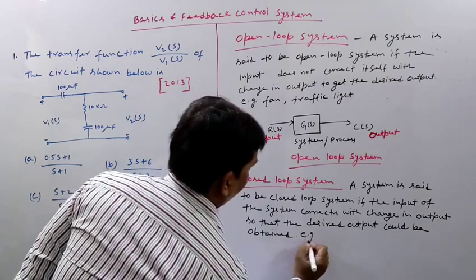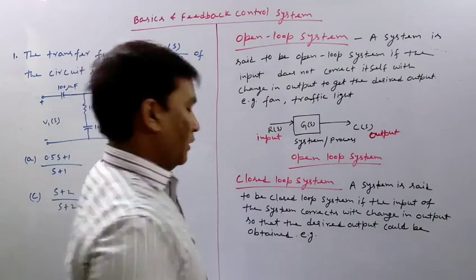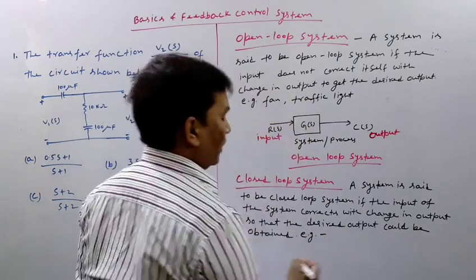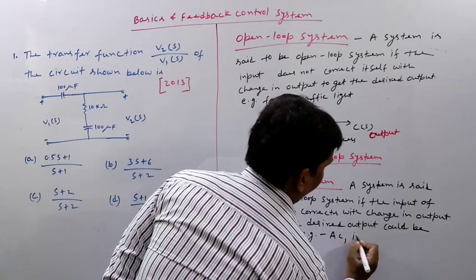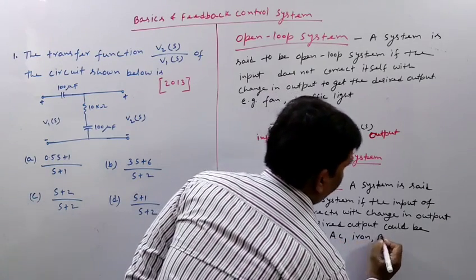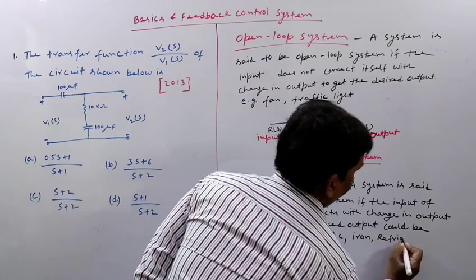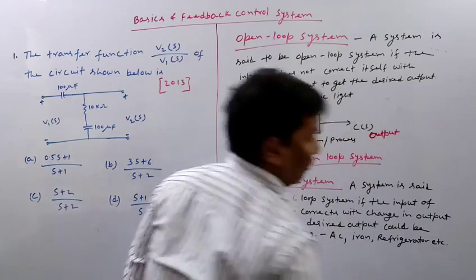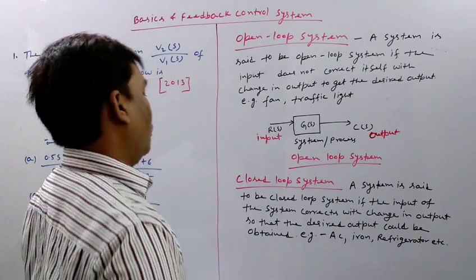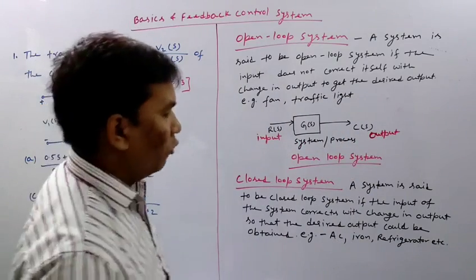What are the examples? As I have already said, air conditioners, AC, iron, refrigerator, etc. Our body itself. So how do we represent a closed loop system?